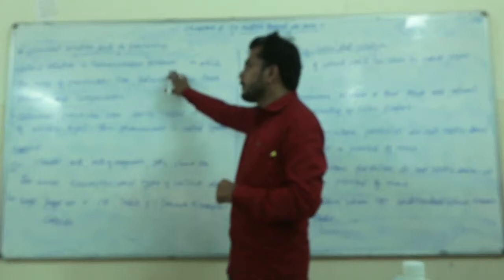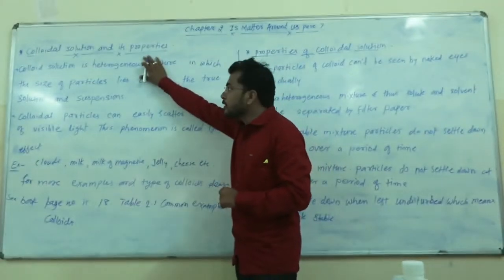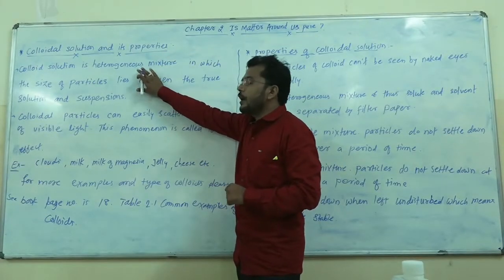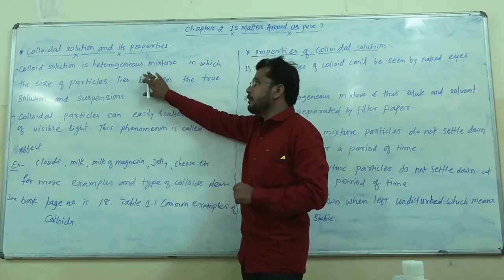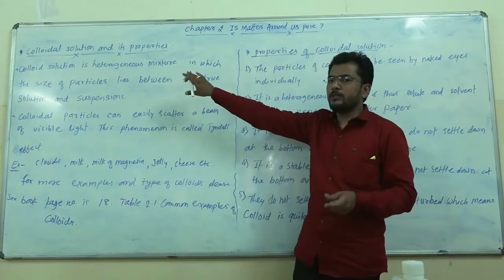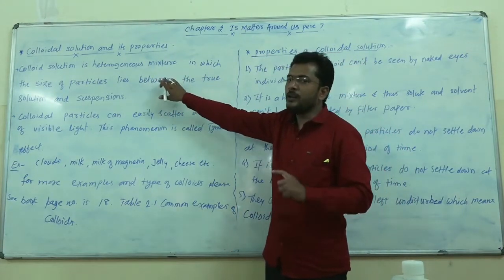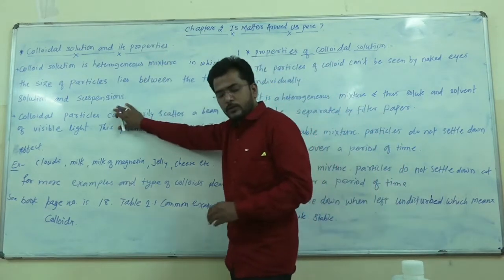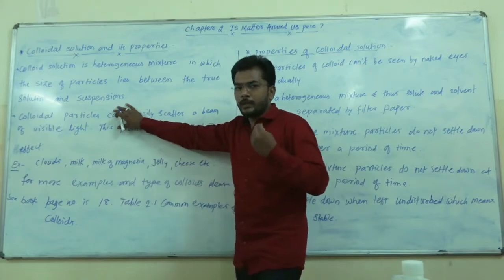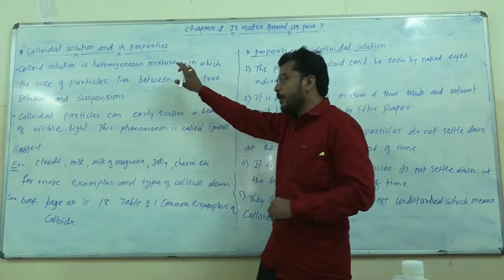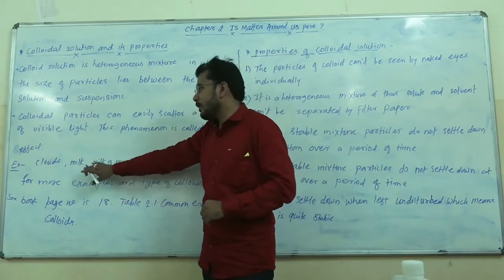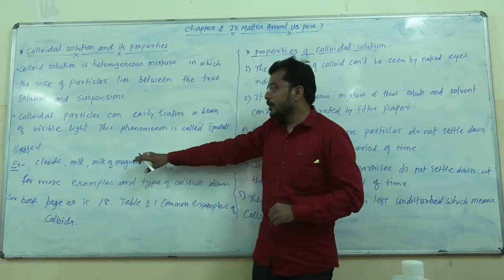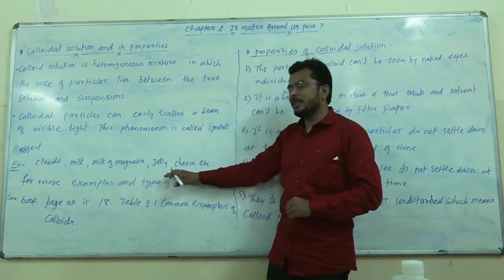So, what we see is colloid solution is a heterogeneous mixture, and the particles of this colloid solution lie between the true solution and suspension. Colloid solution shows the Tyndall effect, and some examples are clouds, milk of magnesia, jelly, cheese.